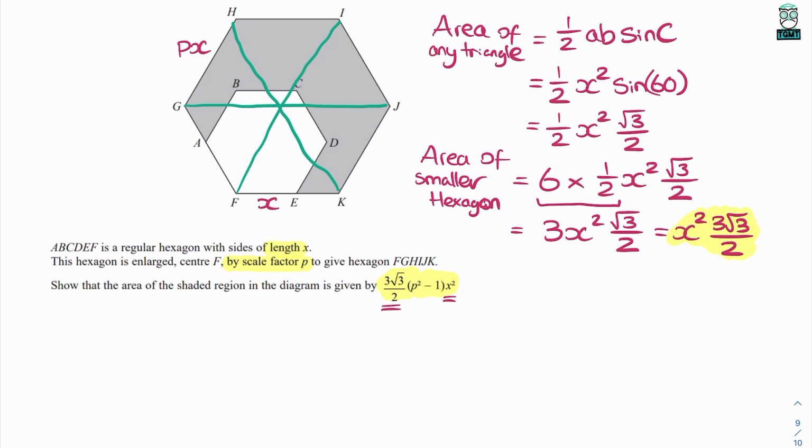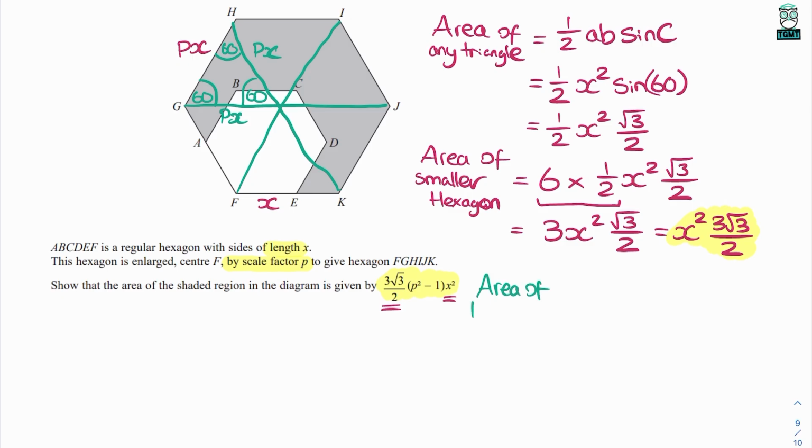These are all px this time, as they've been enlarged by that scale factor, and all of these angles would be 60. So I would do exactly the same thing to work out the area of the larger hexagon than we did on the last one, except instead of using x as my side length, I will use the side length px.